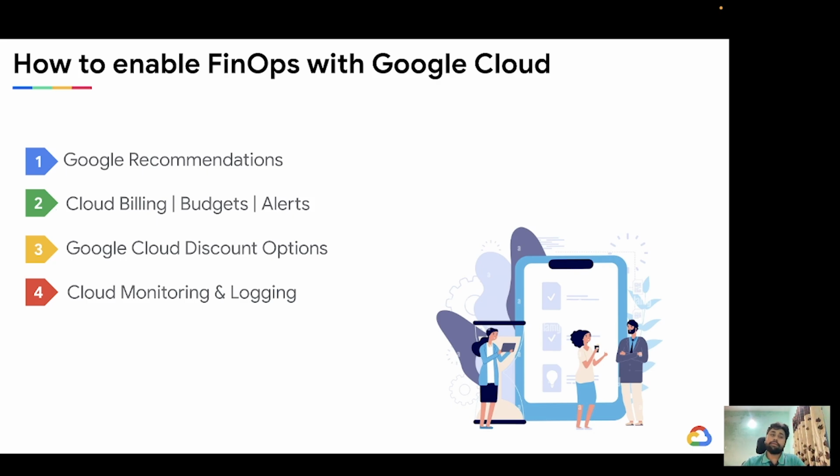Also in Google Cloud platform, we have cloud billing, budgets and alerts, so that you can understand the billing for that entire month or year. You can set budget alerts for a specific team.